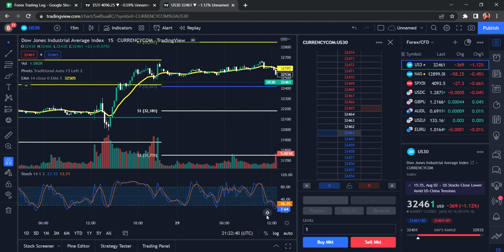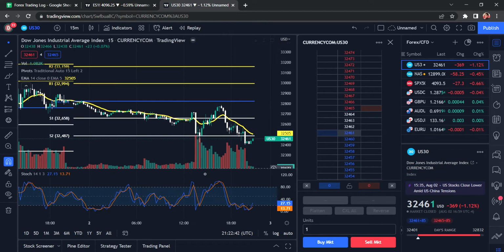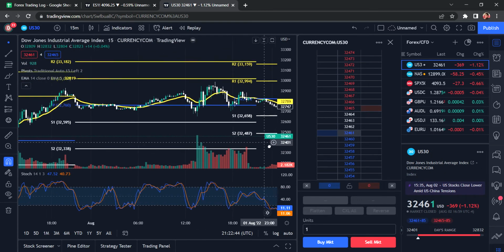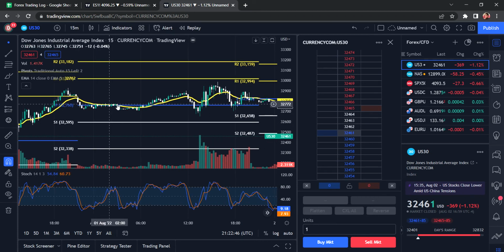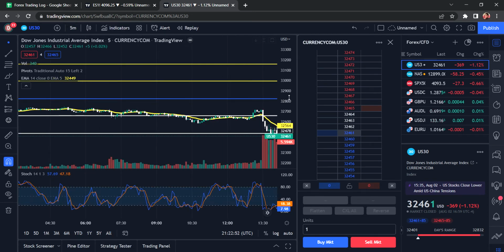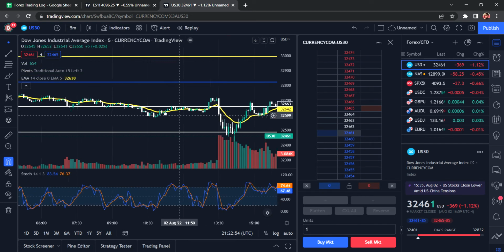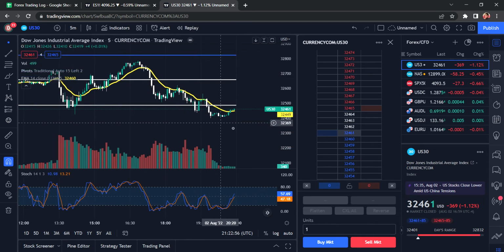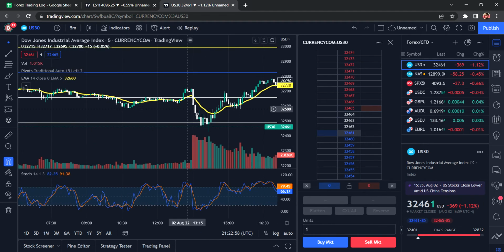Hold on, let me see. So this was today, and this was yesterday. As you can see, yesterday there wasn't really much of a movement. You could have gone to the 5-minute chart and maybe seen a better movement. Oh wait, that's still today.